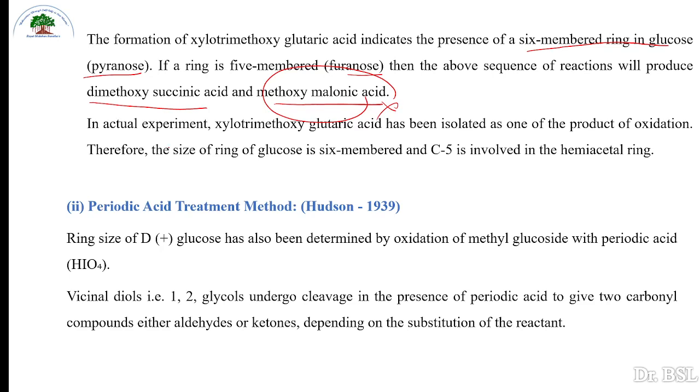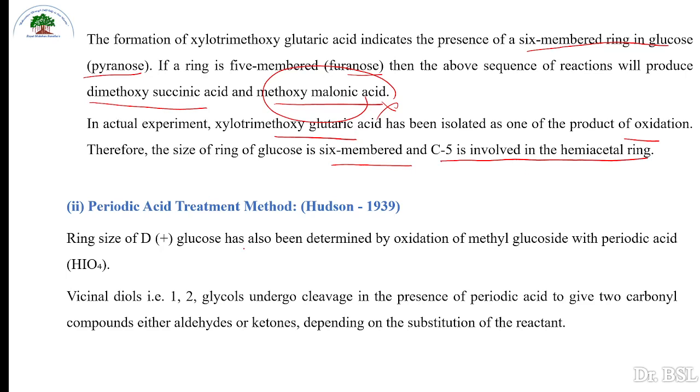In actual experiment xylotrimethoxyglutaric acid has been isolated as one of the products of oxidation. Therefore, the size of the ring of glucose is six-membered and C5 is involved in hemiacetal ring formation.